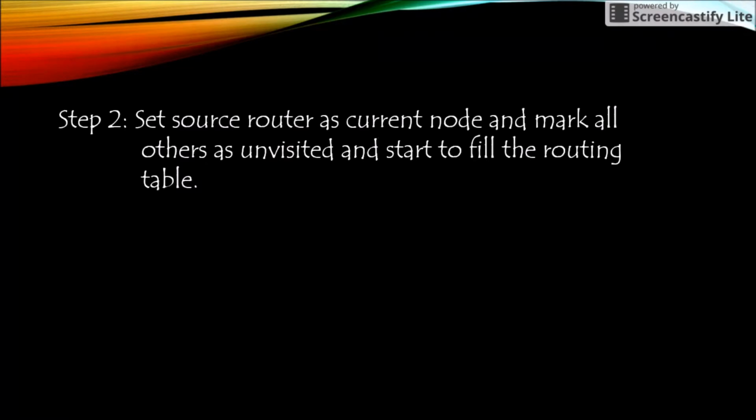Step 2. Set the source router as the current node, mark all others as unvisited, and start to fill the routing table. Here, the source router is considered the current node while all other nodes are marked as unvisited. The routing table consists of various entries, which we'll be seeing further.